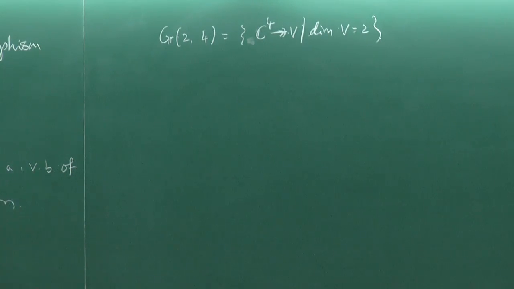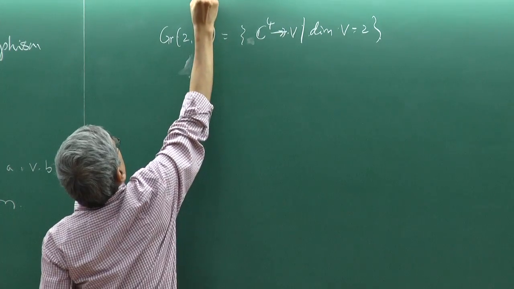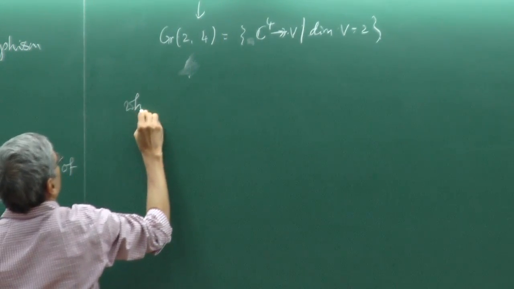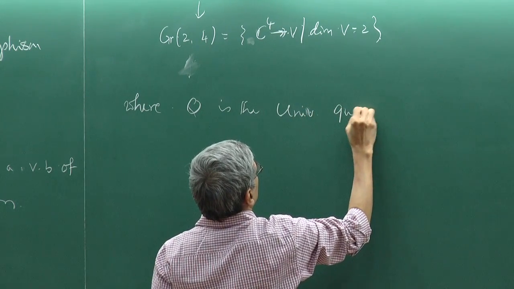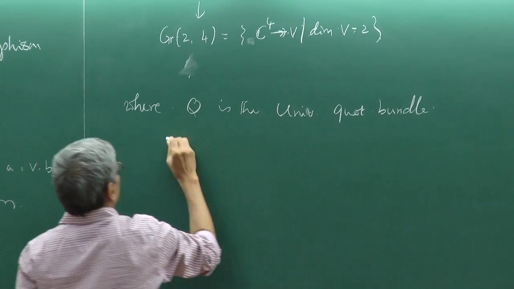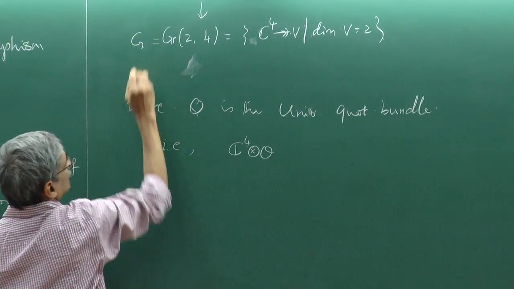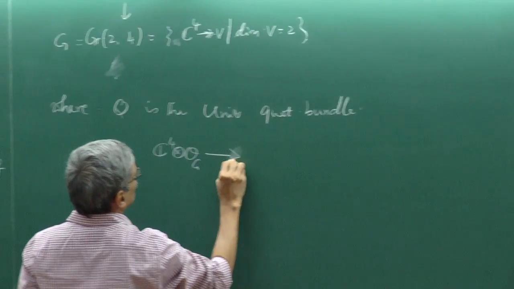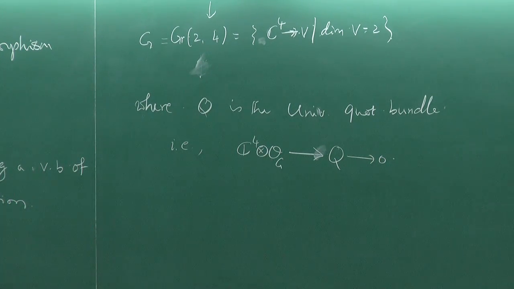So this is the set of all two-dimensional quotients of C4. On it you have a vector bundle Q, the universal quotient bundle, so you have a surjection C4 tensor O_G to Q. At a point this identifies with C4 going to the corresponding two-dimensional quotient.